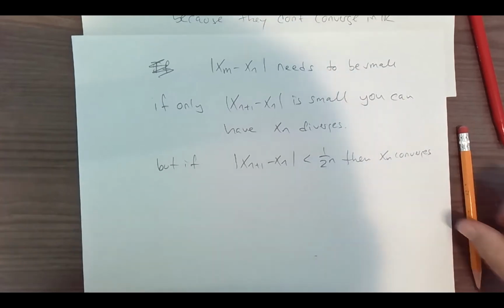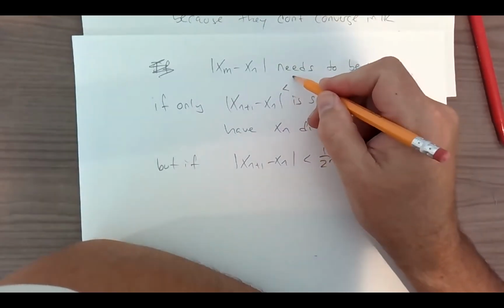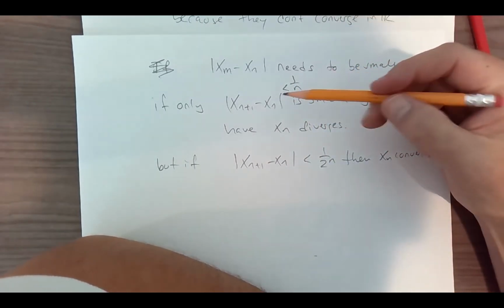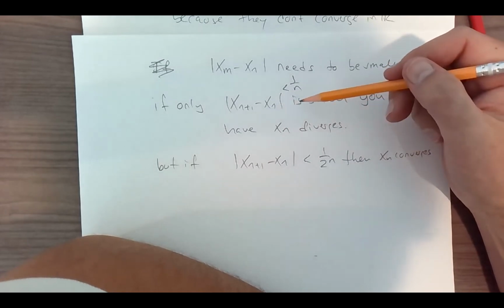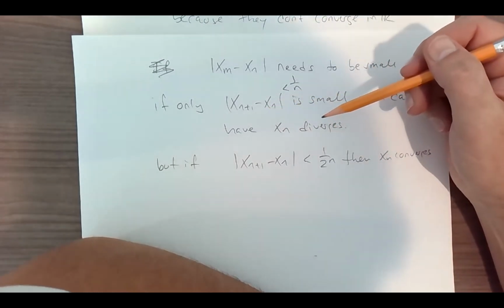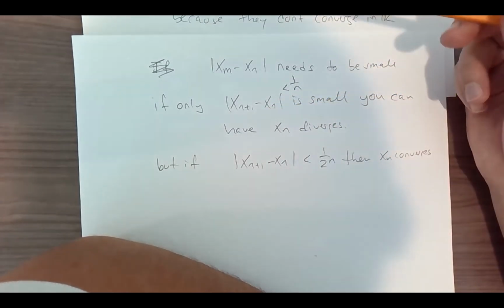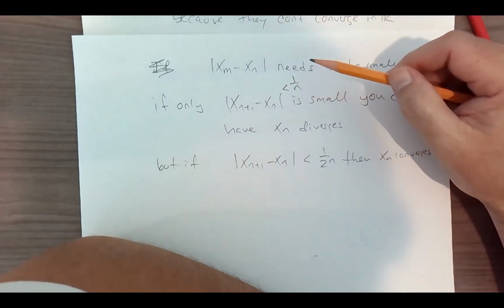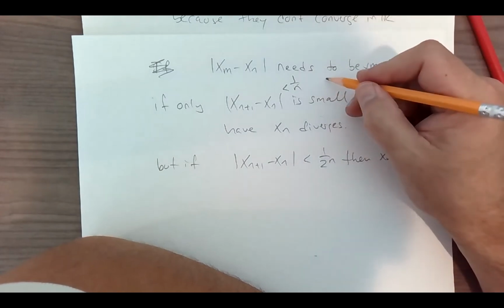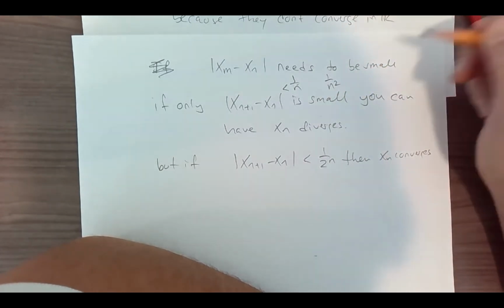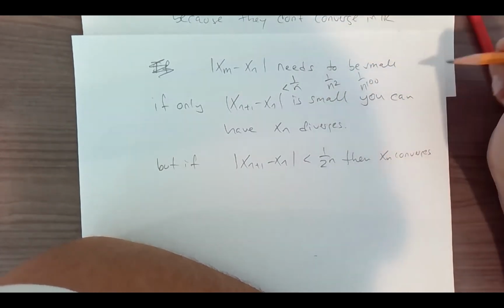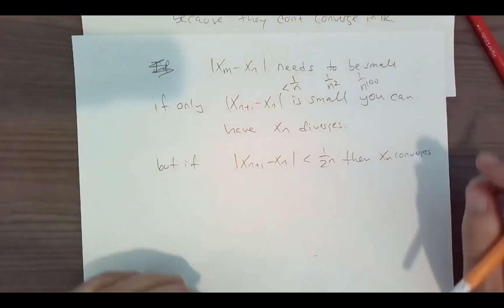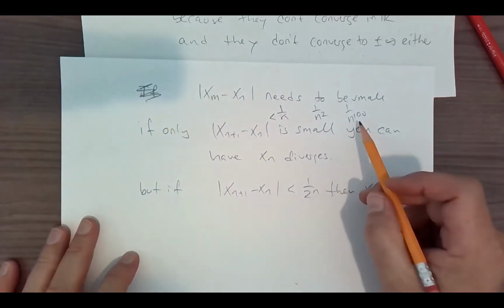But what we have up here is that if this is less than 1/n, this is not enough to get you convergence to a finite number. This is too slow in general. Then you could say, well, what about n to the 100? Yeah, what about them? I don't know. I don't think this is fast enough.